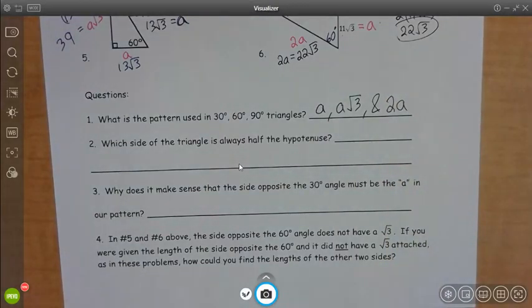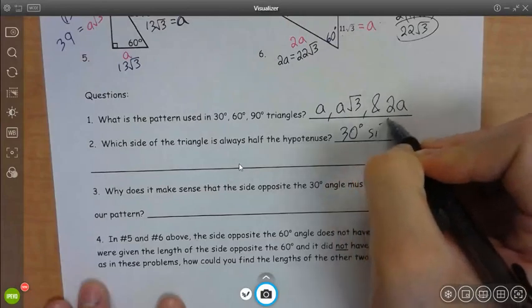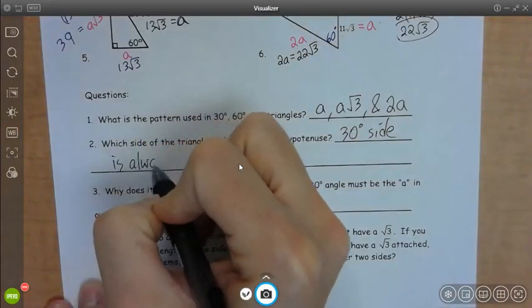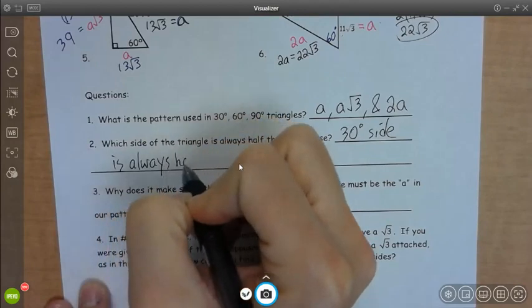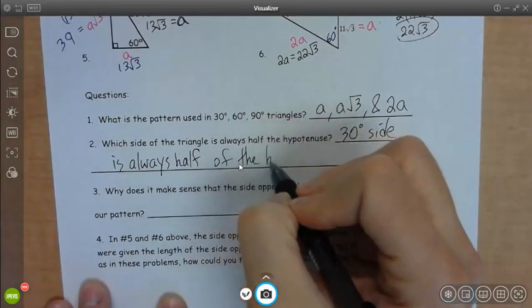Which side of the triangle is always half of the hypotenuse? The 30 degree side is always half of the hypotenuse.